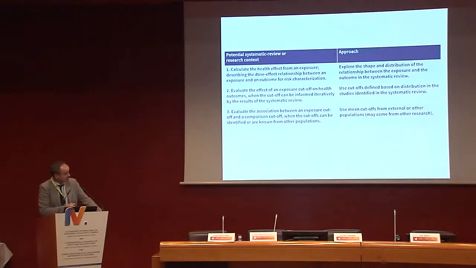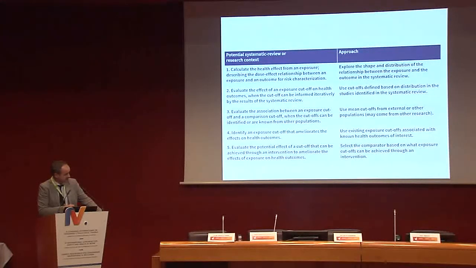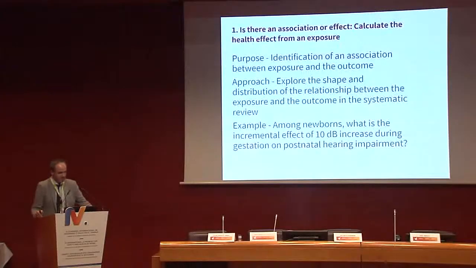One could use mean cutoffs from external or other populations, and I will explain all of that in more detail. One can use existing exposure cutoffs associated with known health outcomes, or one can select the comparator based on exposure cutoffs that can be achieved through interventions. Let me take you through that just to give you those 5 examples.